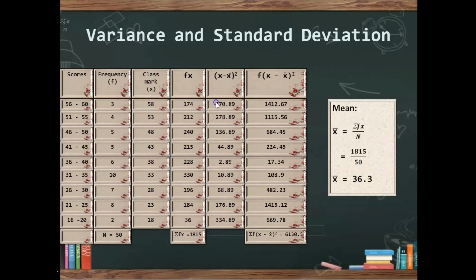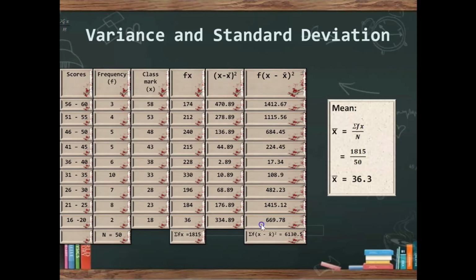So 3 times 470.89 is equal to 1,412.67. 4 times 278.89 is equal to 1,115.56. 5 times 136.89 is equal to 684.45. 5 times 44.89 is equal to 224.45. Then, until we get all the values needed in this column.